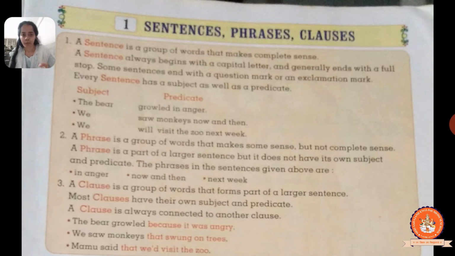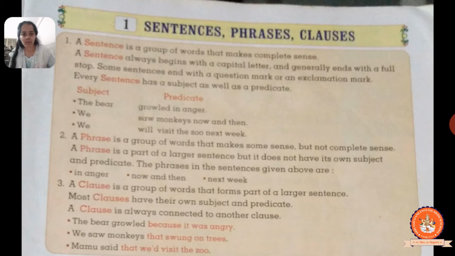Then the second one, we saw monkeys now and then. Here we are not talking about a single person. We means there is a group of people, lots of people. So we is said to be the subject, and saw monkeys now and then is said to be the predicate.